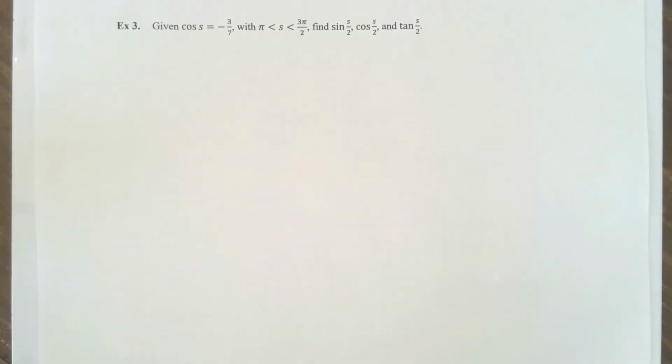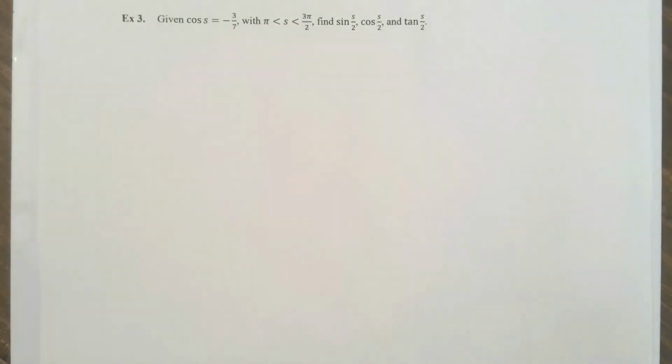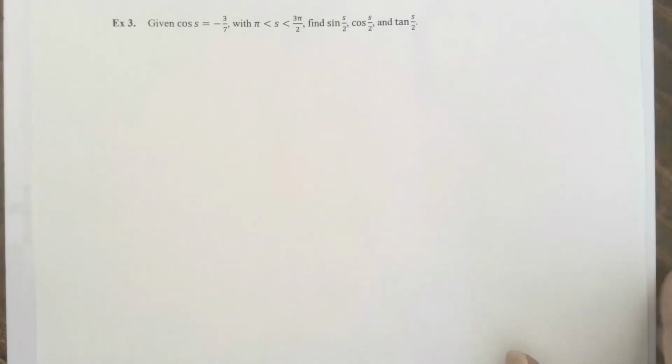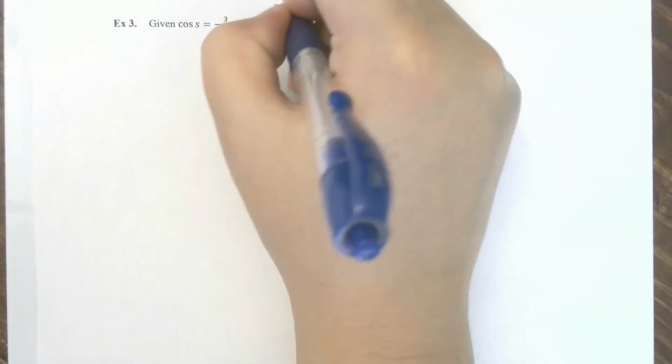Example 3. Given cosine s is equal to negative 3 over 7 with s between pi and 3 pi over 2, so this is quadrant 3. Find sine of s over 2, cosine of s over 2, and tangent of s over 2.